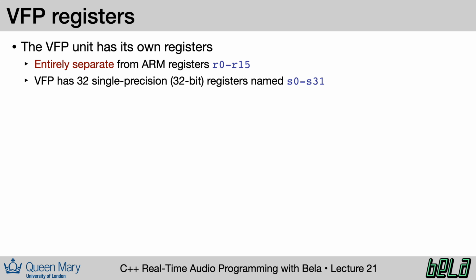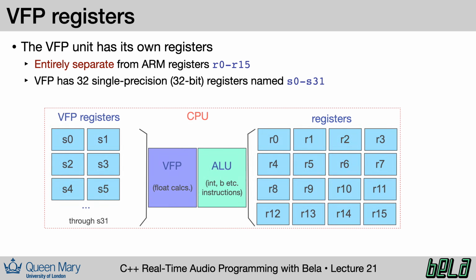To understand how to use the instructions, we need to know a little bit more about the VFP core. The VFP has its own set of registers which are entirely separate from the ARM registers. The ARM registers are numbered R0 through R15, and the VFP has 32 registers numbered S0 to S31. Each of these is a 32-bit single precision floating point register.